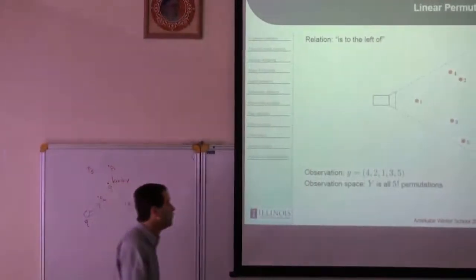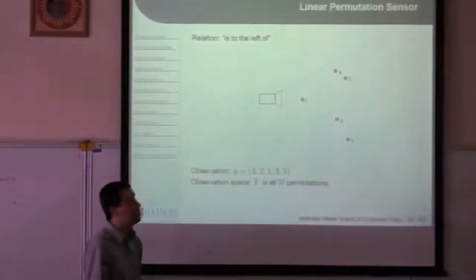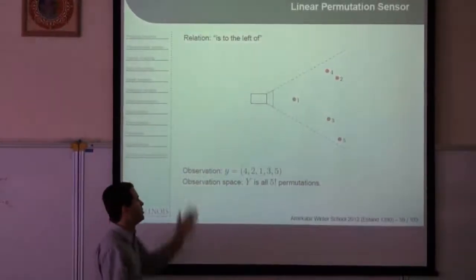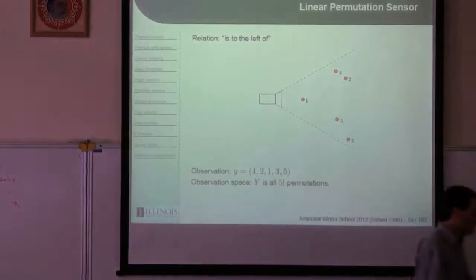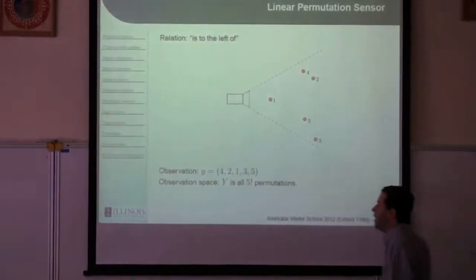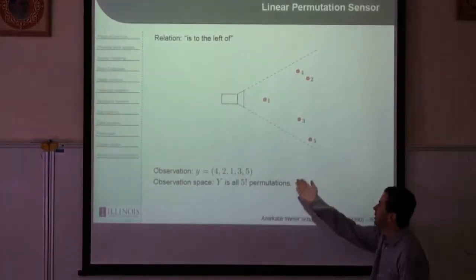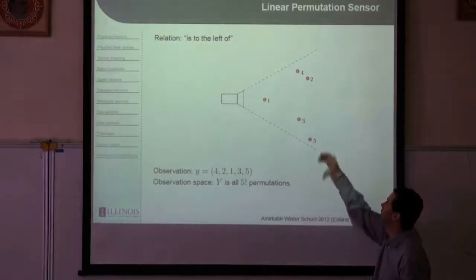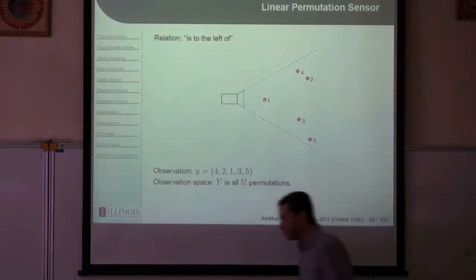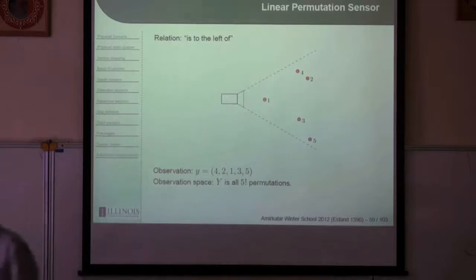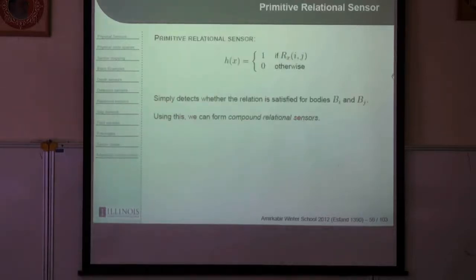For example, using this relation "to the left of", I can imagine there's a camera and a few bodies in the environment, a few points here if you like, and then I get an observation like 4, 2, 1, 3, 5, which can be made by composing these primitive detection sensors. This just tells me, for each pair of bodies, whether one is to the left or the right of the other.